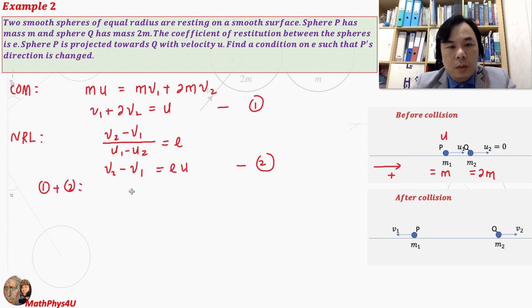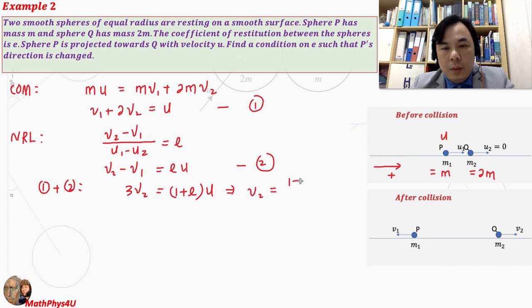So solving this, I will get 3 v2, which would be equal to, if I add up, 1 plus e, u here. From here, I will get v2 equal to (1 plus e) over 3, u. Okay, that's my v2, and then of course from here I will be able to obtain my v1 quite easily.